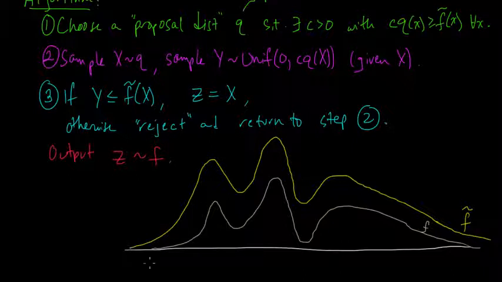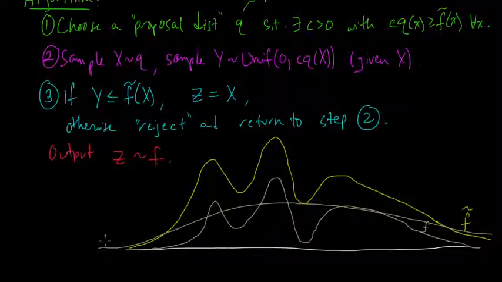And Q needs to be normalizable, so it's some distribution, and maybe we do a Gaussian or something like that. Maybe it's something sort of like this. Maybe that's Q.